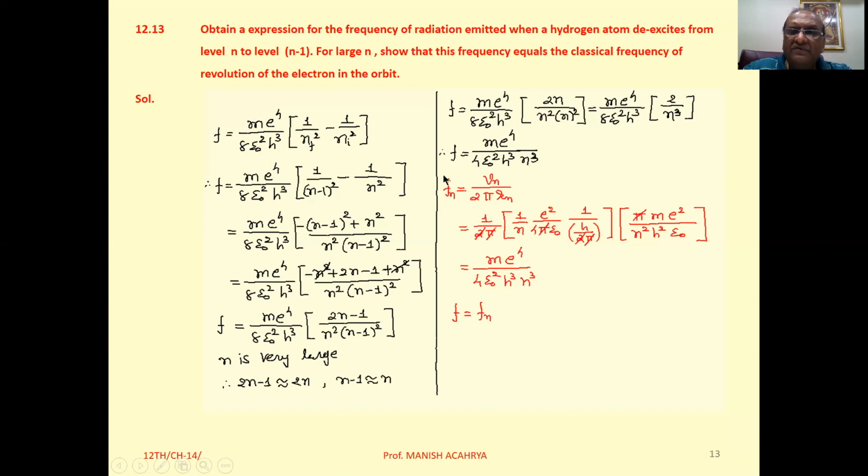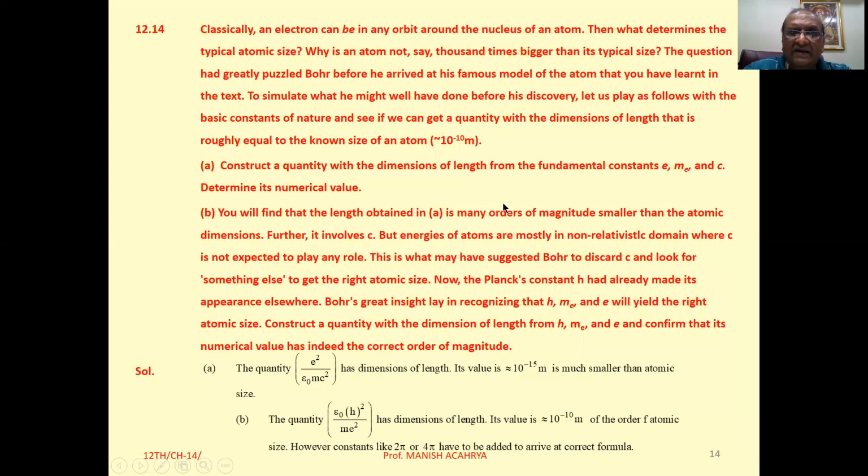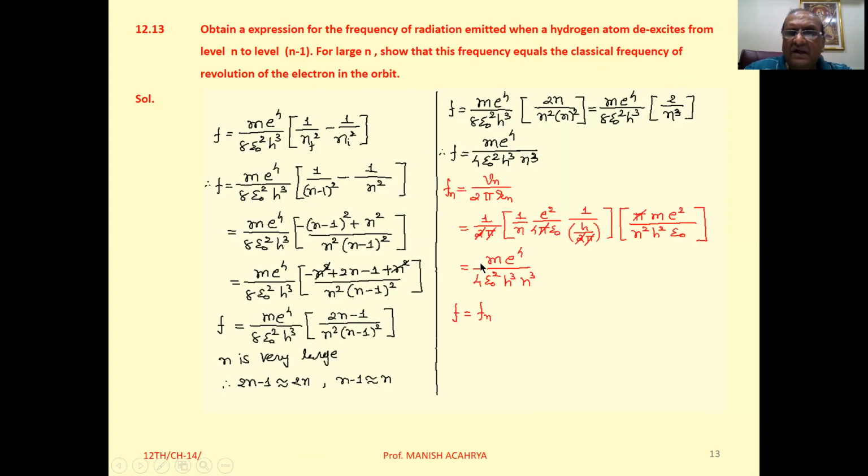Now the frequency in the nth orbit we can write as speed, that is Vn, over the circumference, meaning the distance of the nth orbit, that is 2 pi Rn. Okay. Now 1 upon 2 pi as it is, then substitute Vn, that is 1 upon n into e square upon 4 pi epsilon 0 into 1 upon h upon 2 pi.